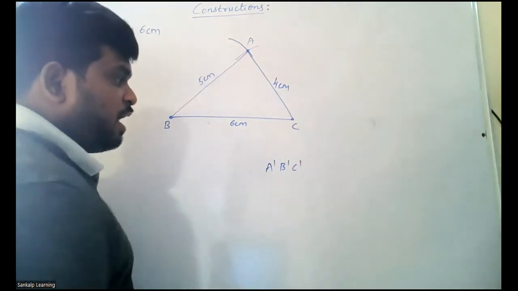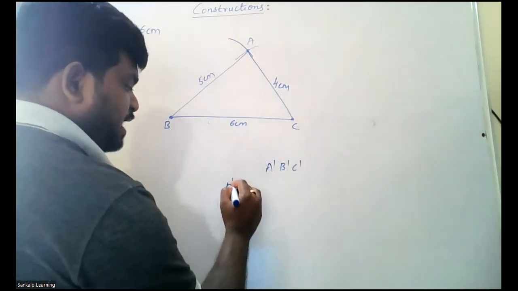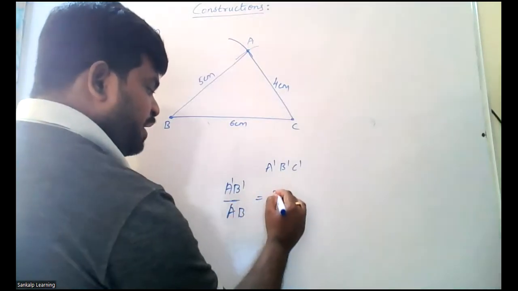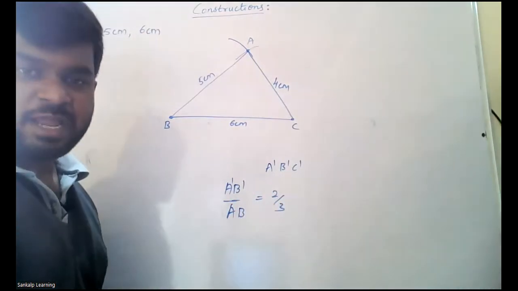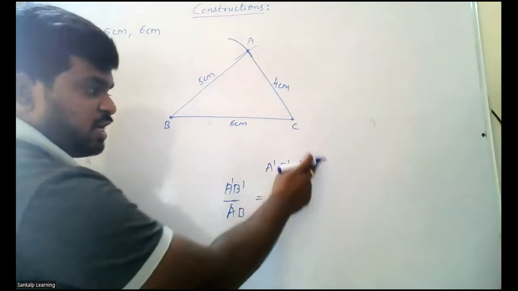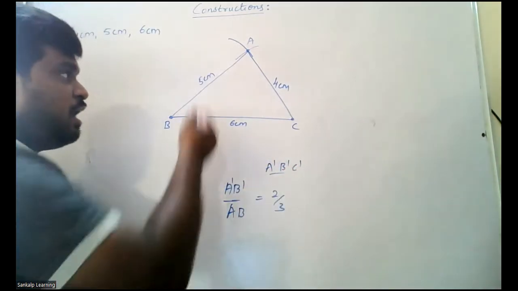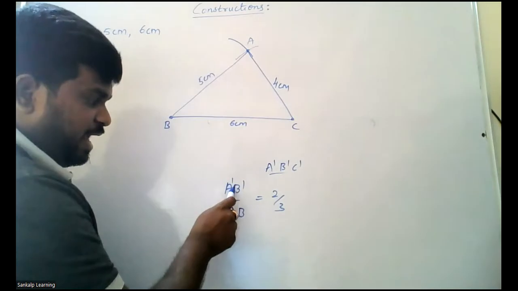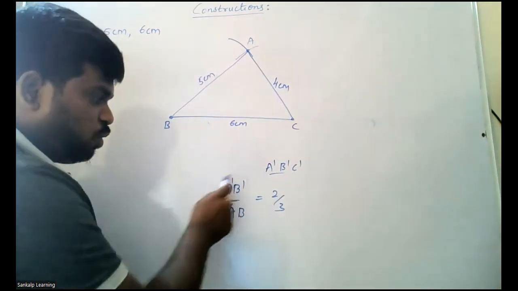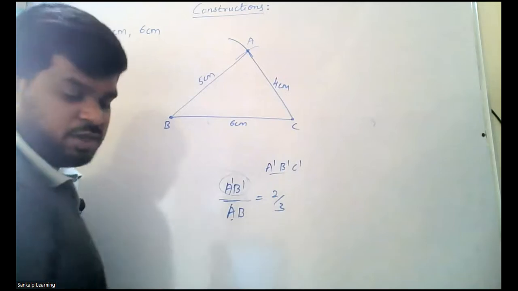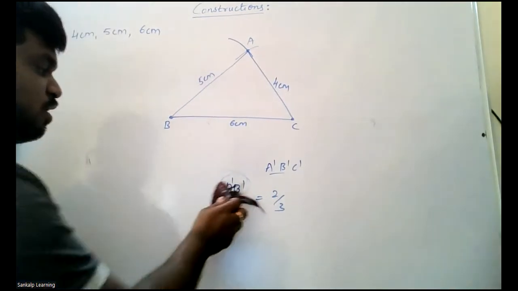If I take the ratio of A dash B dash by AB, that should be equal to 2 by 3. That is the meaning of scale factor. Let's take AB here. If I take A dash B dash by AB, the new triangle divided by the old triangle, it should give you 2 by 3. That's what we are going to do.